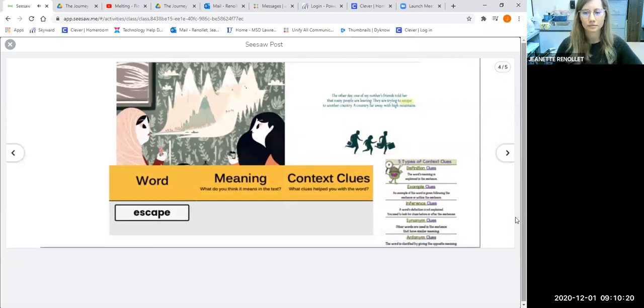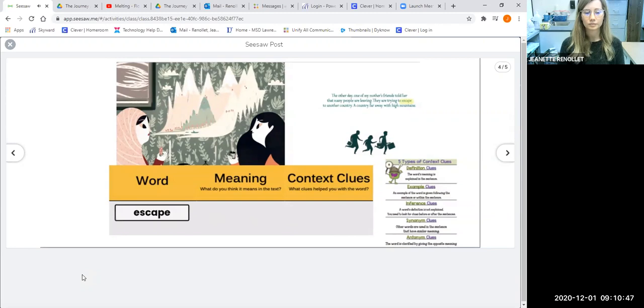You have just listened to the story called The Journey. Let's practice using context clues to figure out the meaning of an unknown word from the story called The Journey. This page from the text says, "The other day, one of my mother's friends told her that many people are leaving.